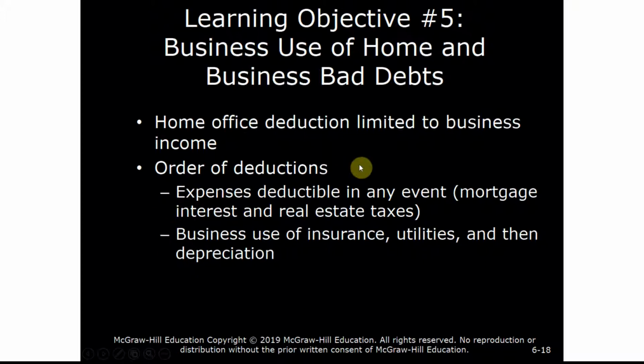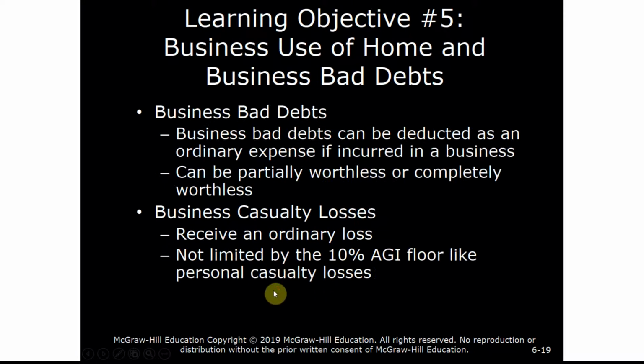Expenses that are deductible in any event, though, are mortgage interest and real property taxes. Depreciation is always last. So we will only take as much depreciation on our home business assets as to the point where we have zero net income, and no more than that. In other words, depreciation cannot cause a loss.